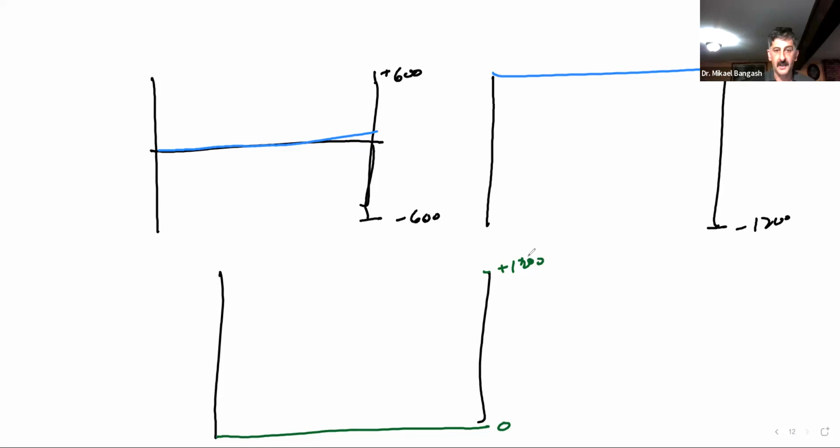Clear? But if your scale here was low, say minus 300, even if you brought the baseline all the way up here, this would only have been a total of 600. Or even if you brought the baseline all the way down, this was still only 600.